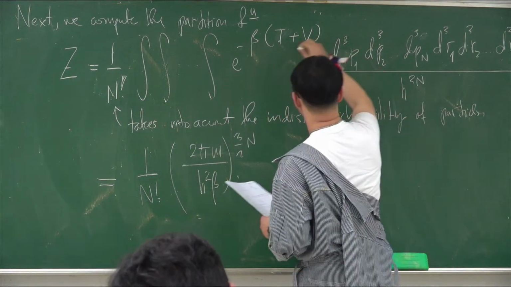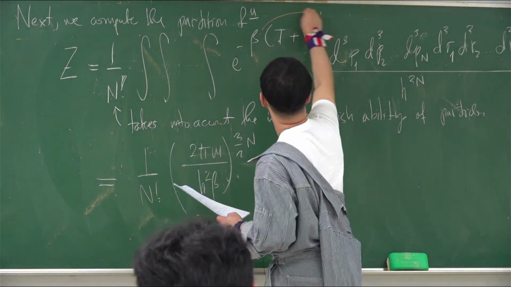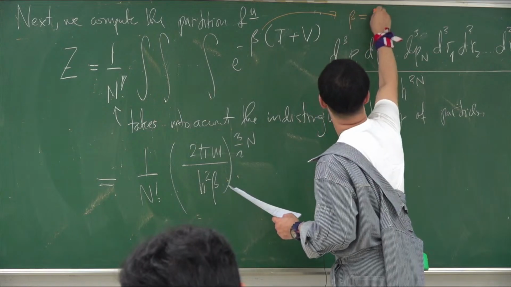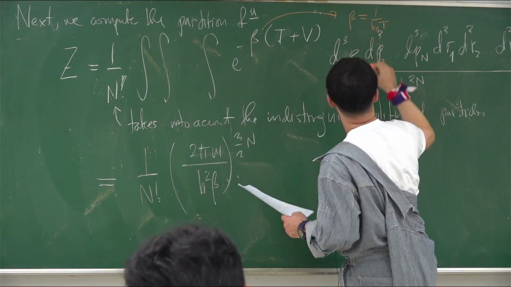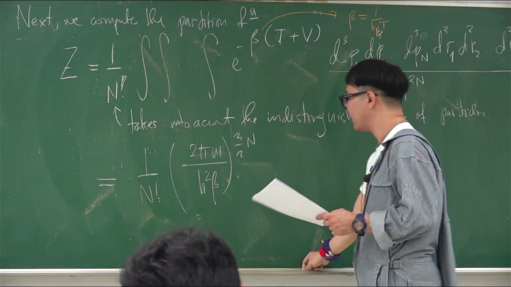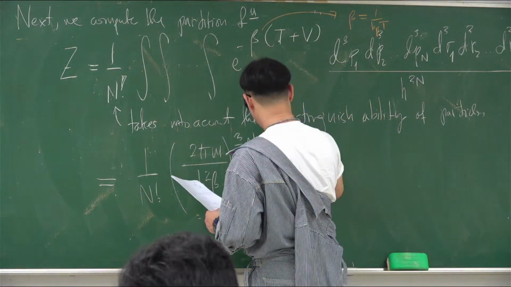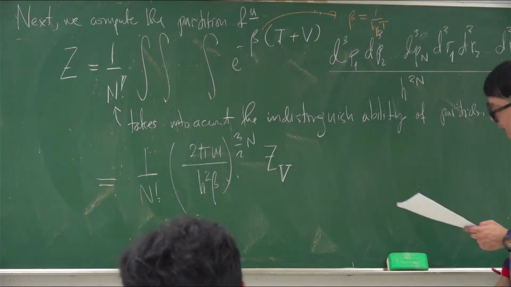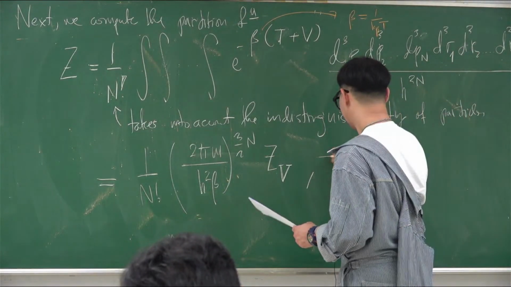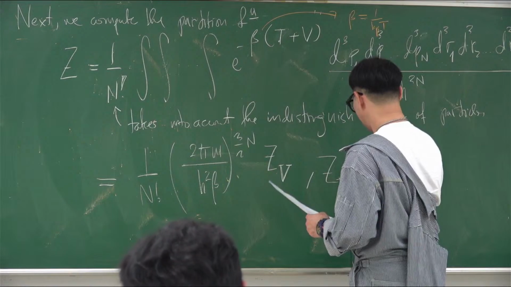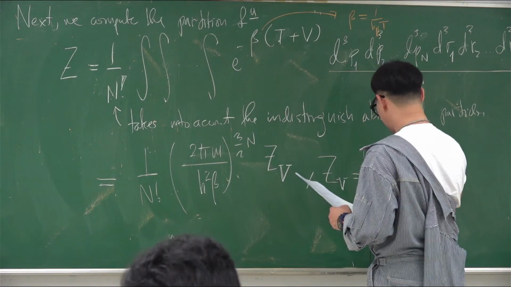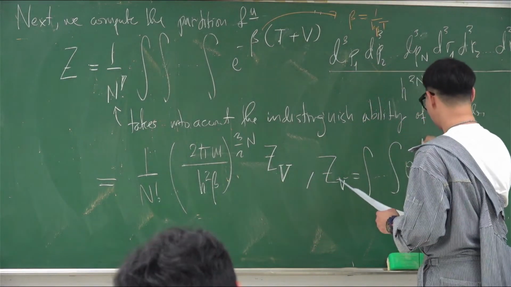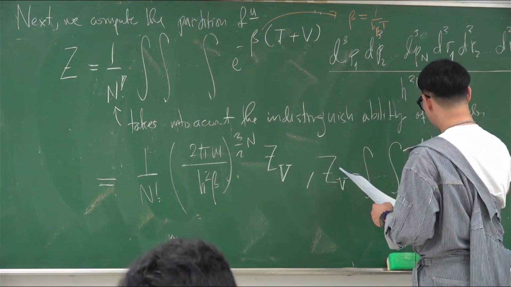Well, here, beta is 1 over kBT at the moment. And you have set V, where set V is this whole bit here.